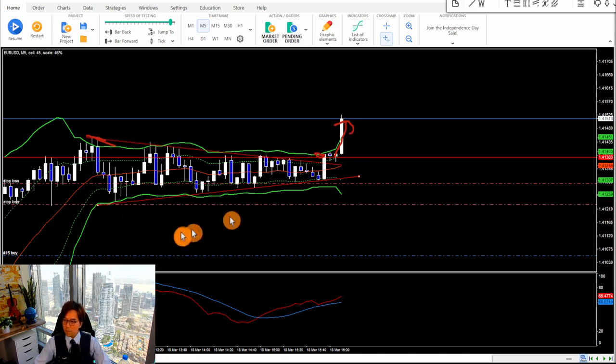So in this way, I fix 24 pips. So if the market goes back for any reason, I still can take profit of 24 and 17.